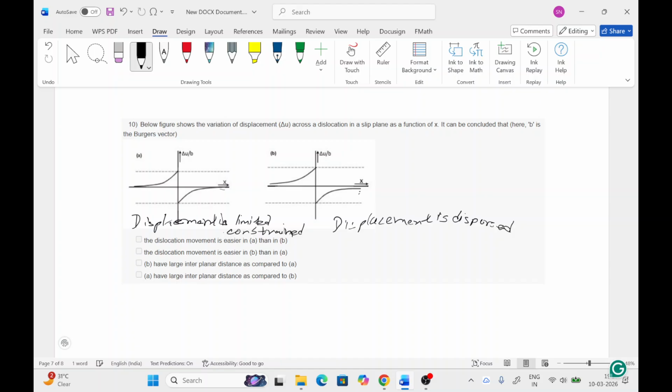So any dislocation which has dispersed displacement in the atomic planes is called the wide dislocation. And the dislocation which has constant displacement is called the narrow dislocation.